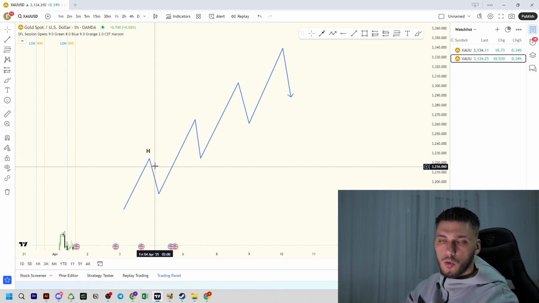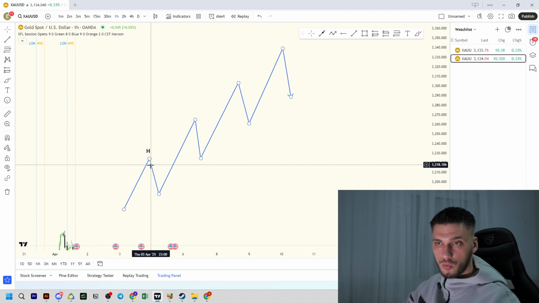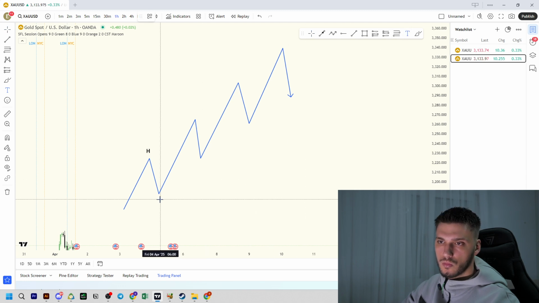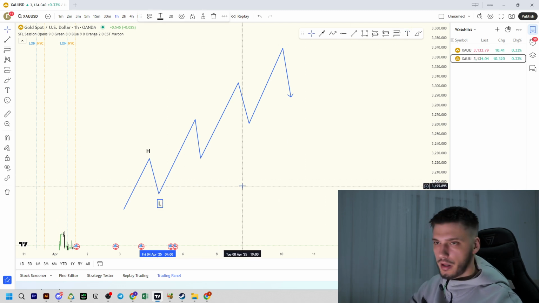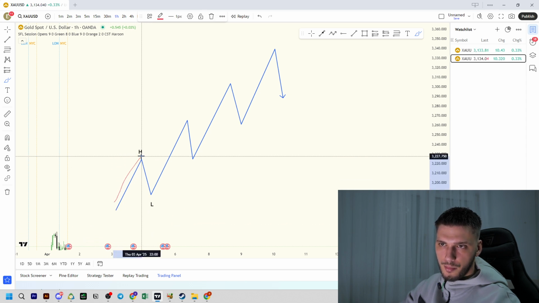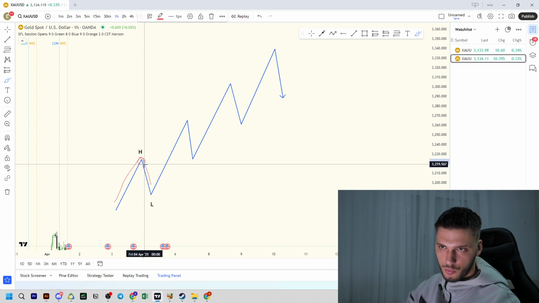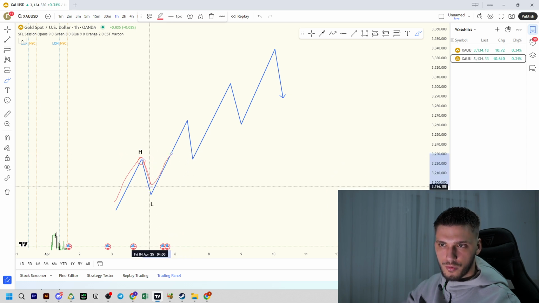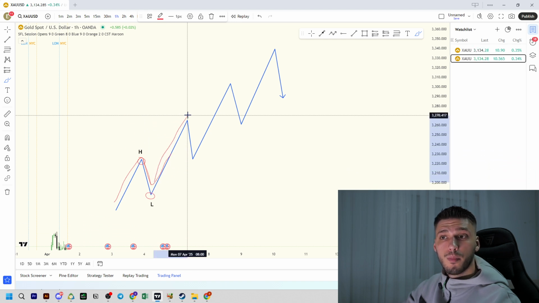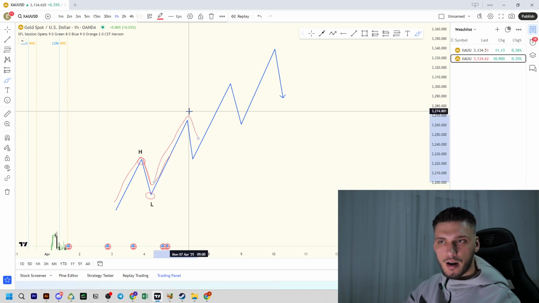Now, what did we say about the lows? A move down and a move up is a low. So we could do L here. Again, this was move up, move down, high. This was move down, move up, low. Now, what do we have next? Move up, move down, high.